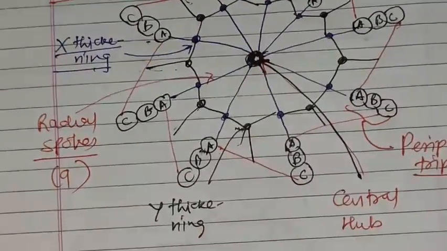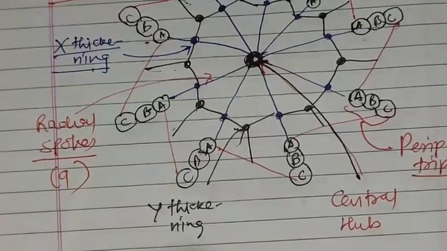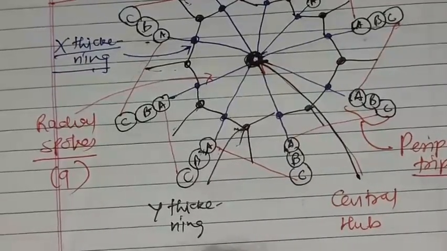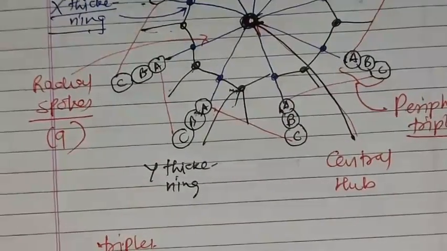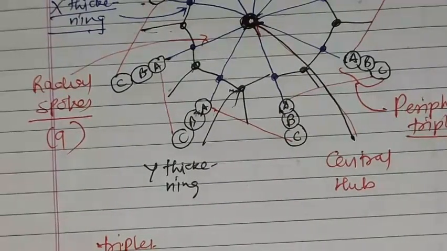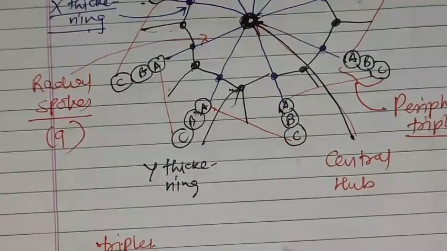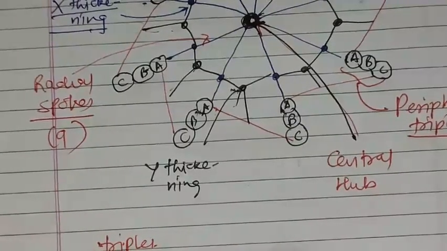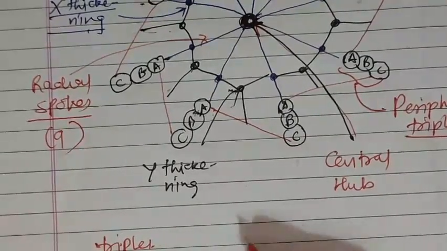Now when we see one triplet, in this triplet you will find that it looks like this. And in this, 3 microtubules are common.